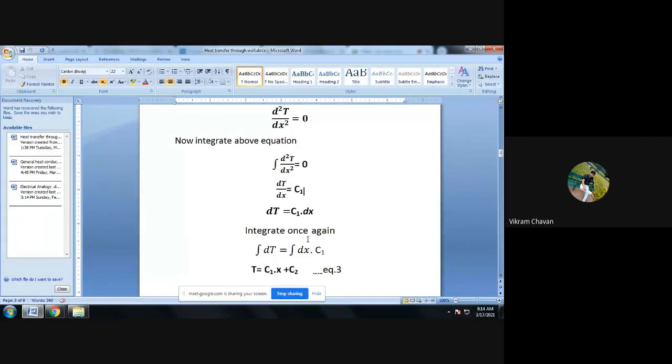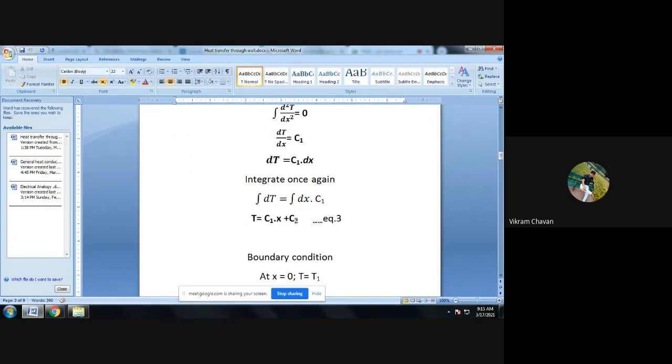So once again we have integrated it. The integration of dT will be T only. C1 is the constant, and the integration of dx is x only. So C1 multiplied by x. And since we are integrating this equation once again, we have to add one more constant, that is C2.